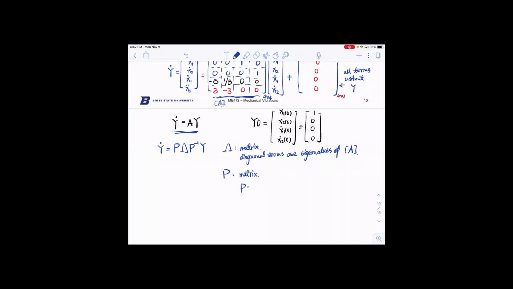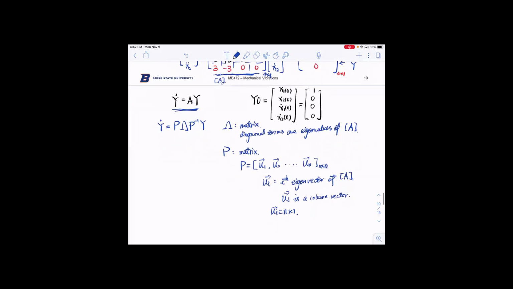So P can be written as u1, u2, all the way to un. And then ui is the ith eigenvector of A. And then ui is also a column vector. So that means overall your P is n by n, but then your ui would be n by 1, right?